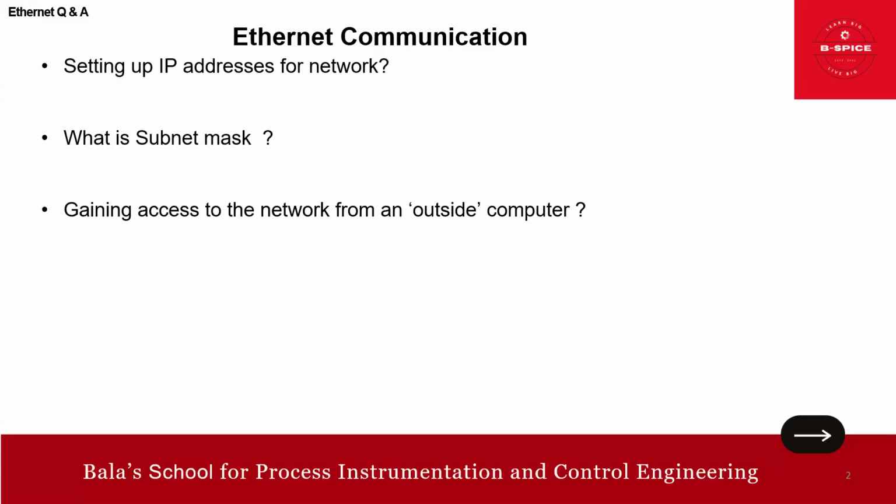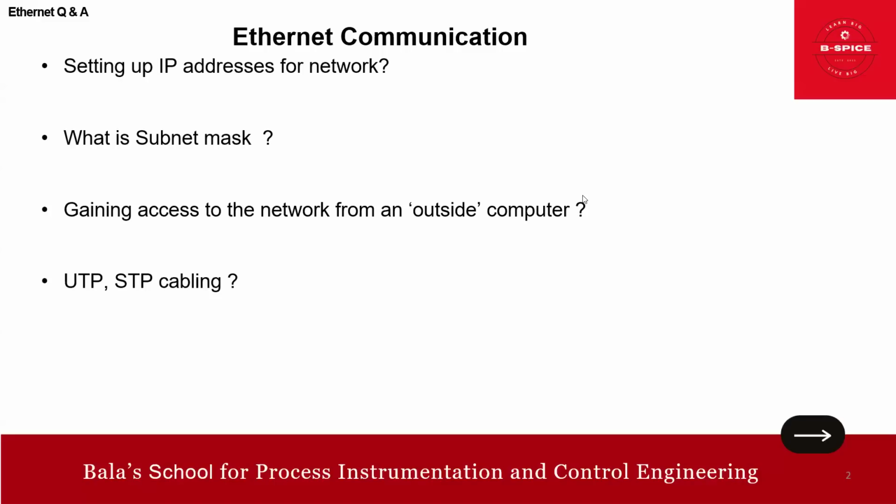Outside access to a factory floor network can be a dangerous situation, right? Some type of security appliance is required, meaning VPN, virtual private network. So VPN tunneling is one method, and a security appliance is necessary. This is how we try to access the network from an outside computer.